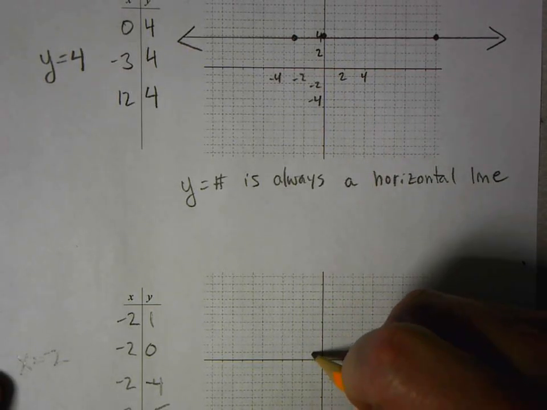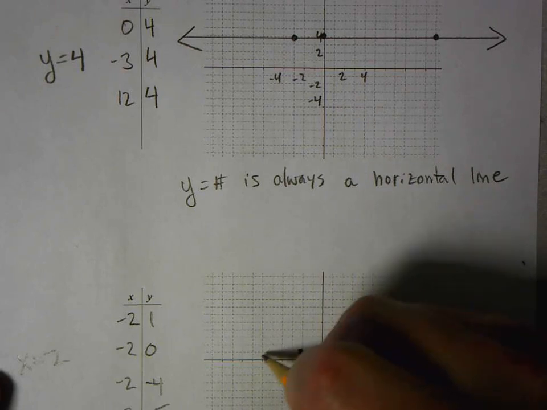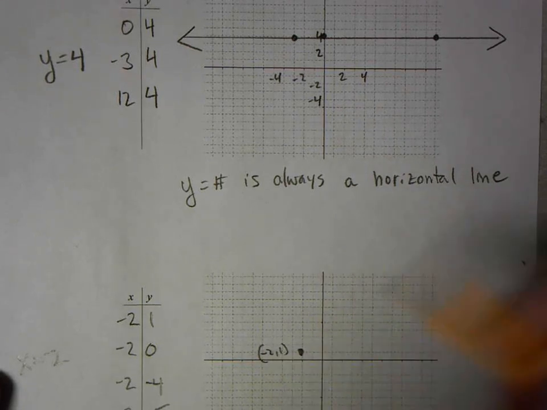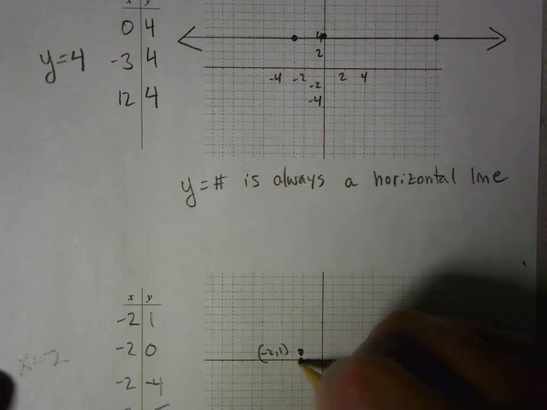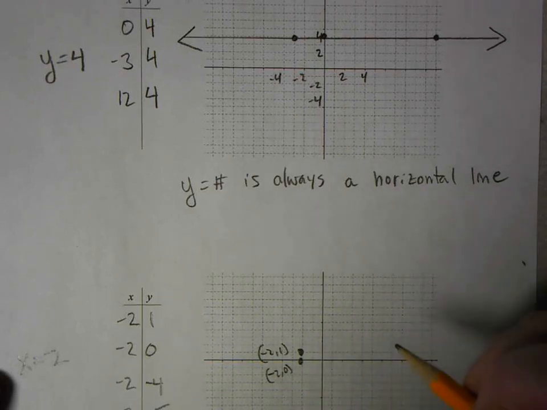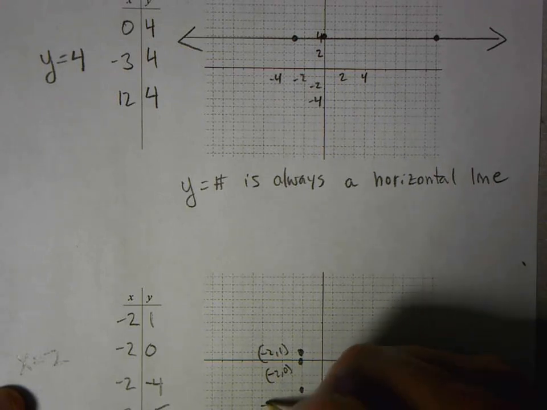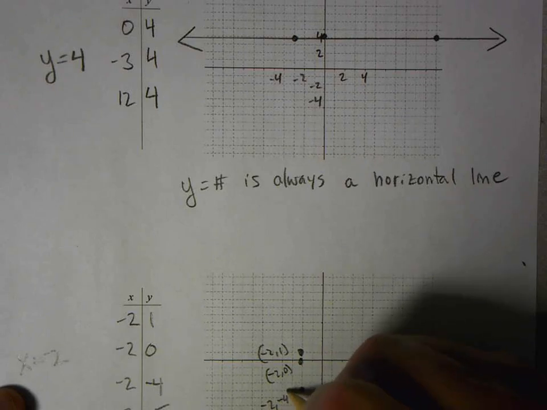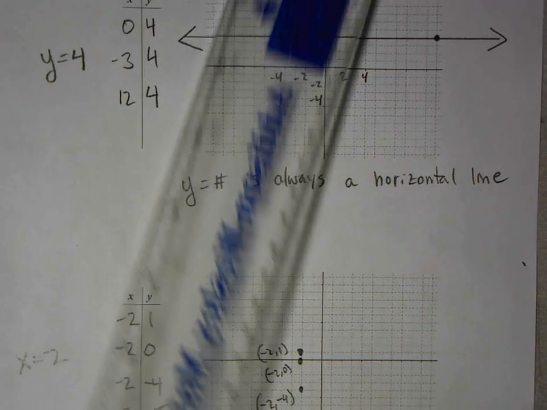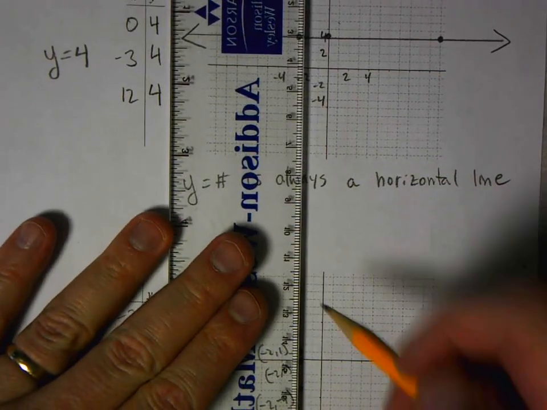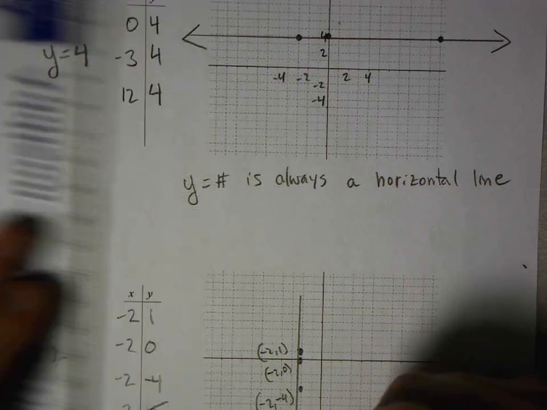Alright, so (-2, 1). This time I'm choosing to label my points rather than label my axes. That's okay. (-2, -4). Notice what you end up with here. x equals a number gives you a vertical line. So those are the 2 specialty lines that you need to be aware of.